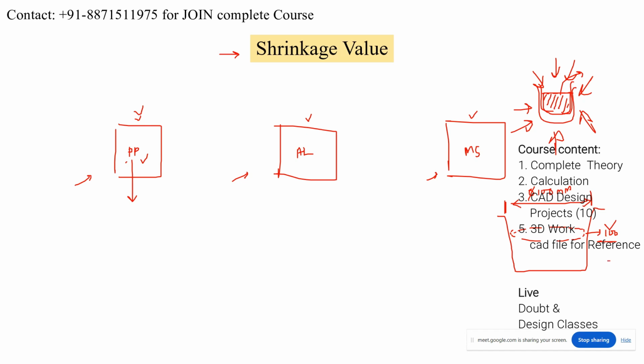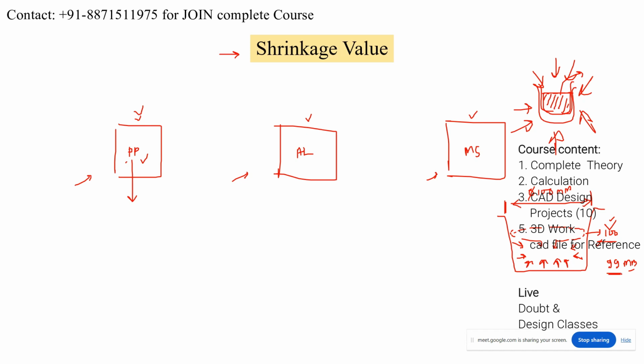Maybe you will get 99 mm. What is the reason for that? Because it will shrink in volume during the solidification.